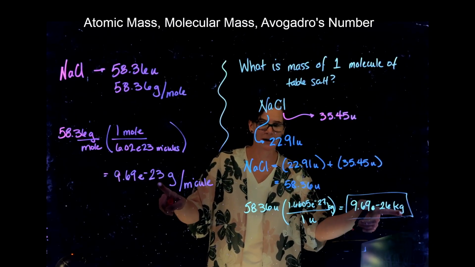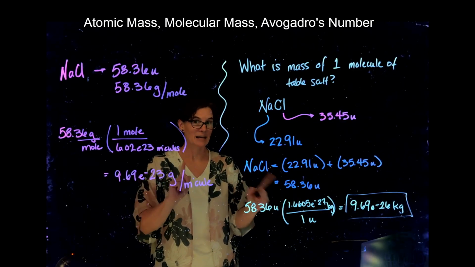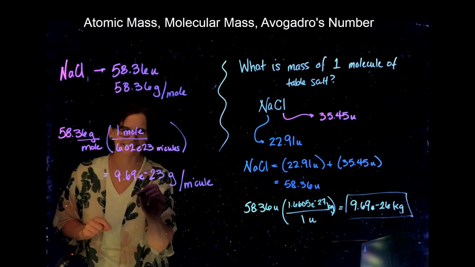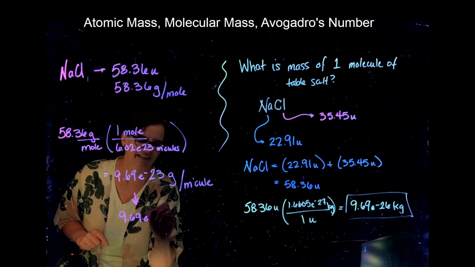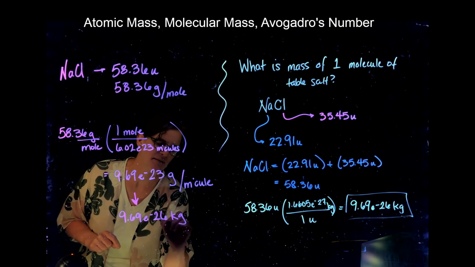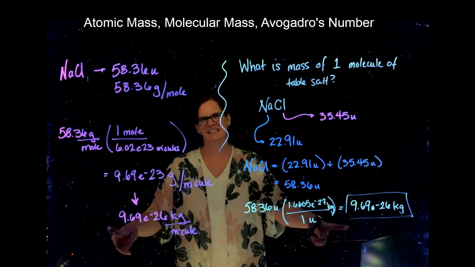This is in kilograms. This is in grams. So to get the same unit, I would divide by 1,000. This is equal to 9.69 times 10 to the negative 26 kilograms per molecule. And we see that's the same.